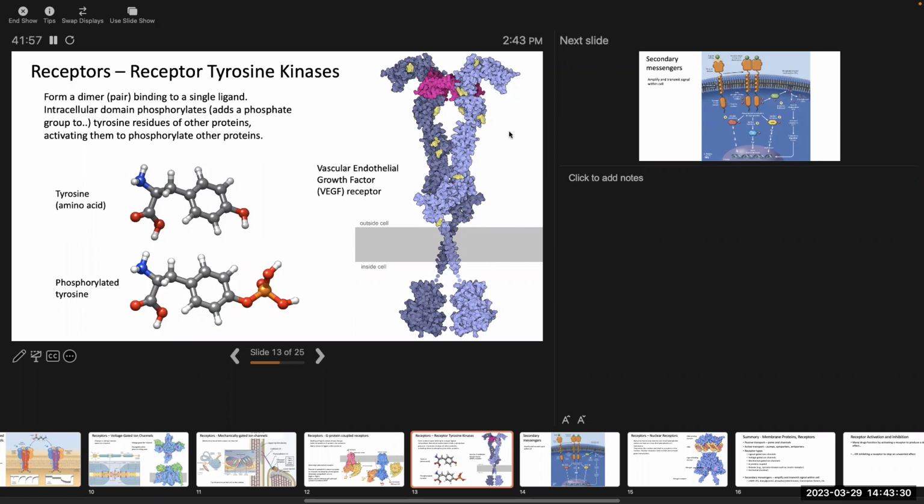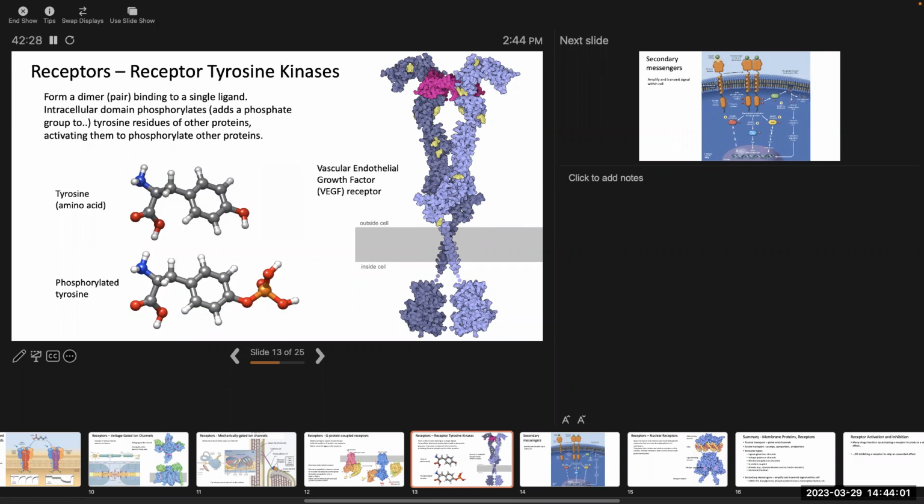Whenever the ligand is present, these receptor tyrosine kinase molecules dimerize, meaning they join together in groups of 2. So what you're seeing there is 2 of these receptor tyrosine kinase molecules, the dark blue one and the light blue one, both binding to their ligand, that pinkish purple thing up at the top.